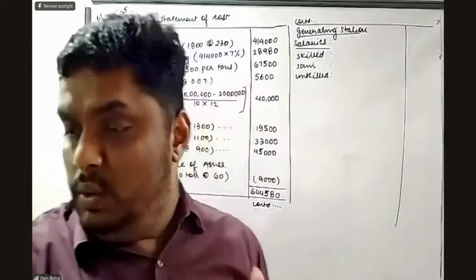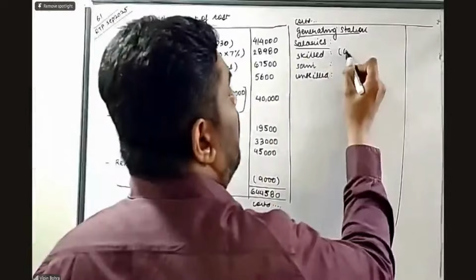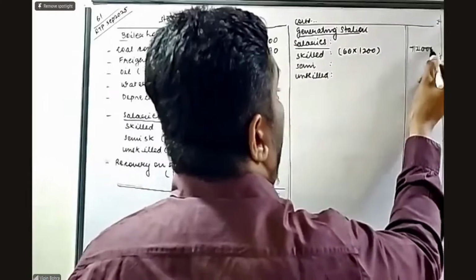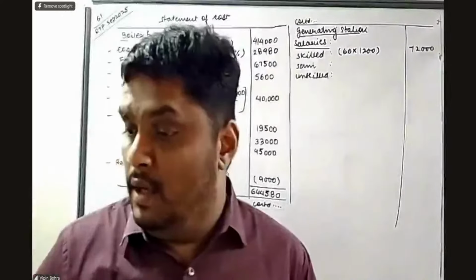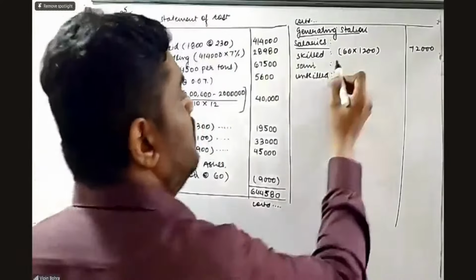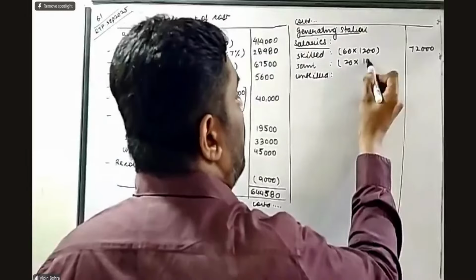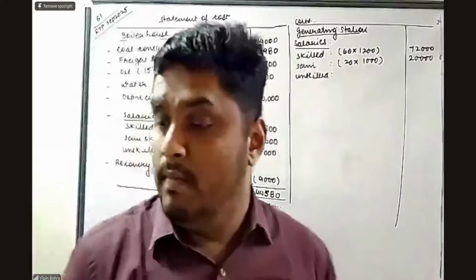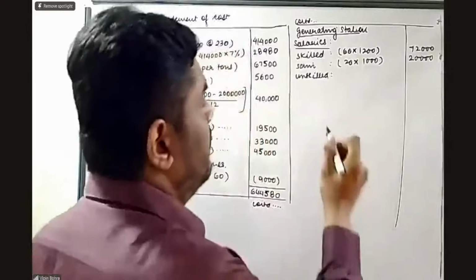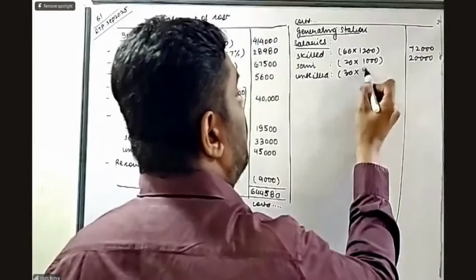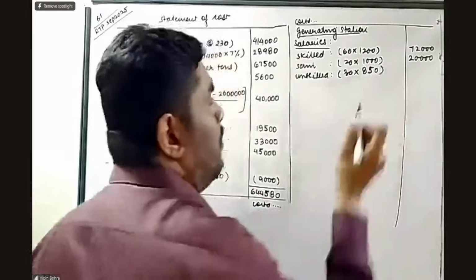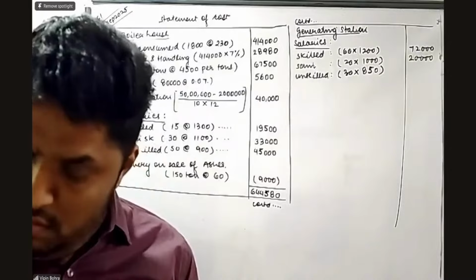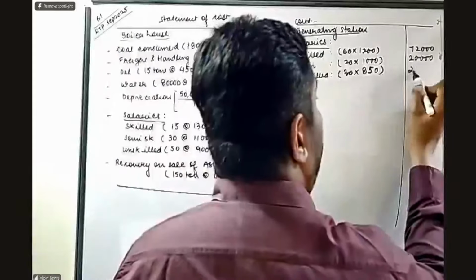So it is 60 into 1200. Twenty into 1,000. That is 25,500.